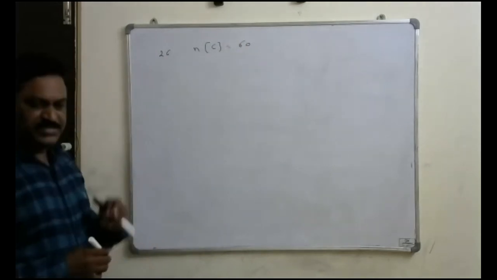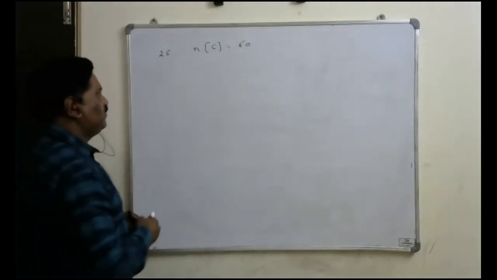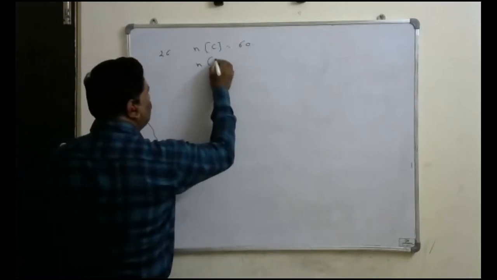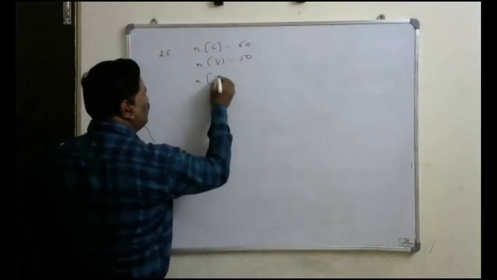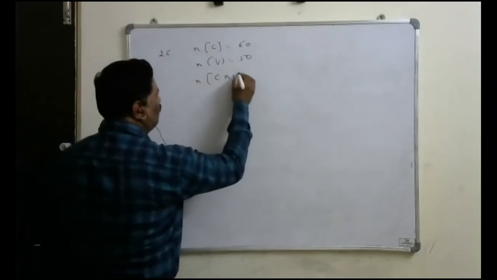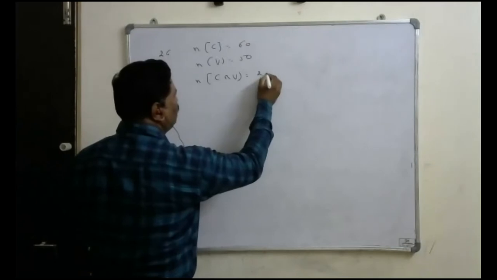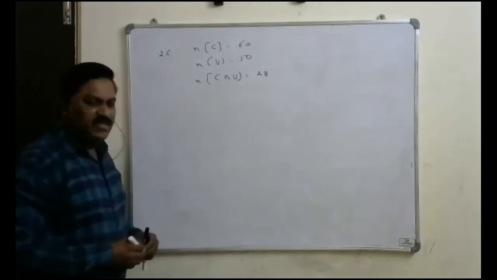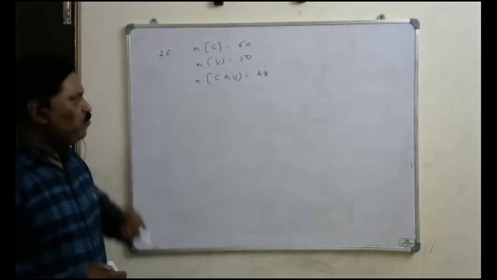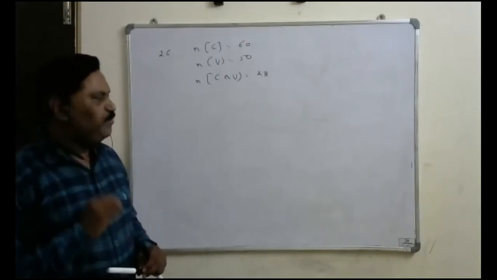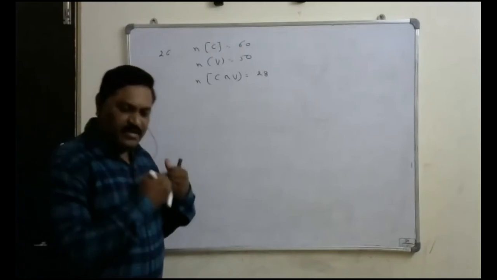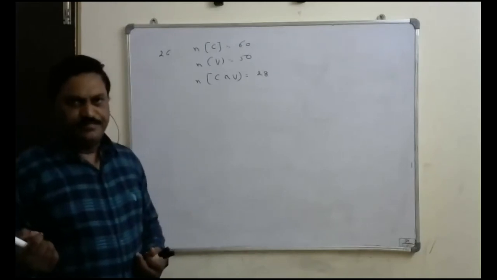Call it N of C, the number of players who play cricket. The number of students who play volleyball is 50. The number of students who play cricket and volleyball, meaning the intersection, is 28. Then we have to find the number of students who play at least one game. At least one game means they have to play either cricket or volleyball.